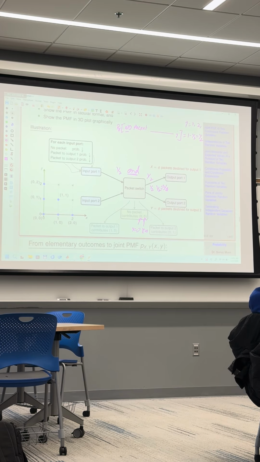When one packet arrives for output port 1, it contributes X equals 1, Y equals 0. Packet to output port 2 contributes X equals 0, Y equals 1.